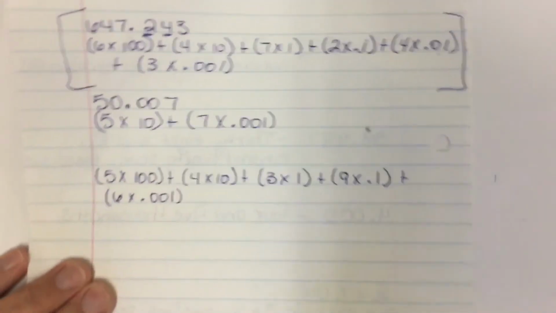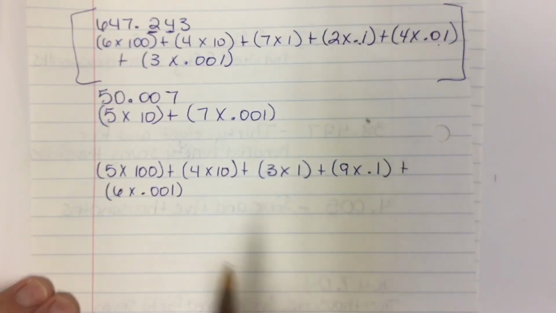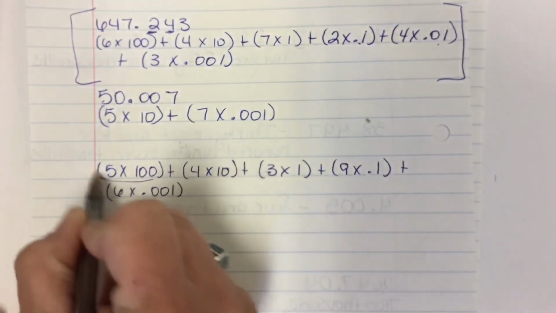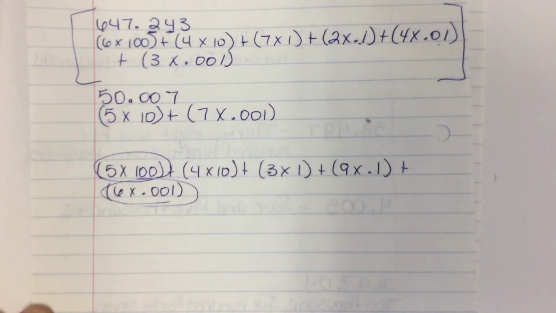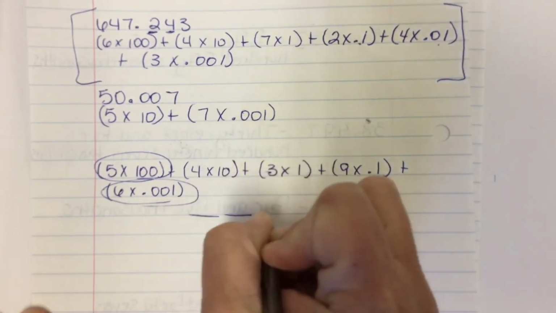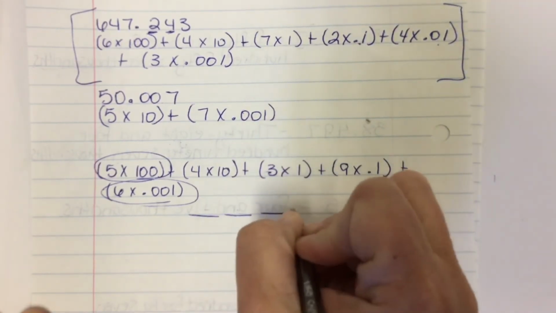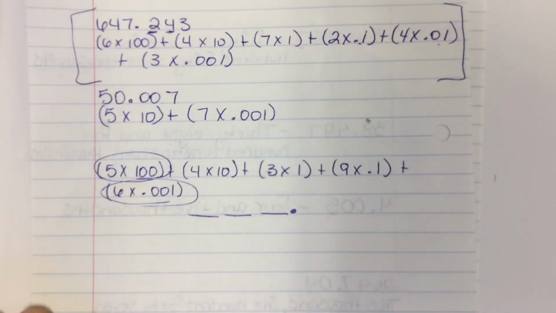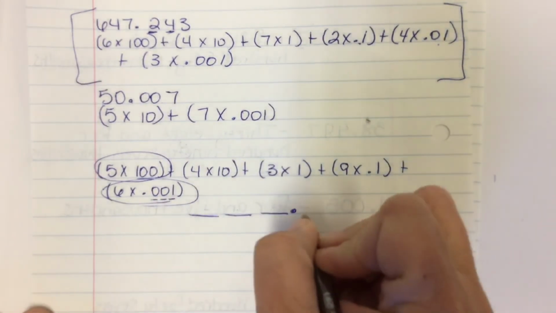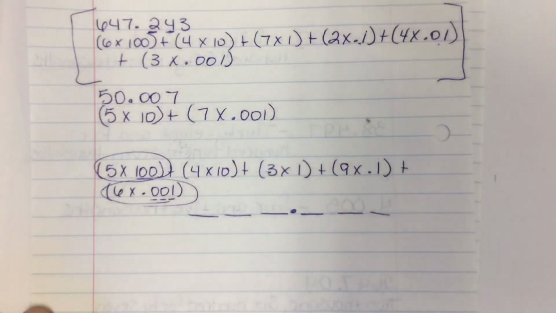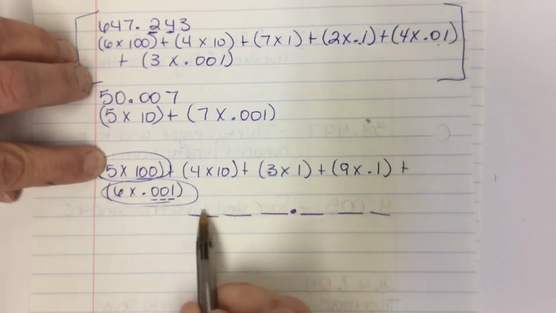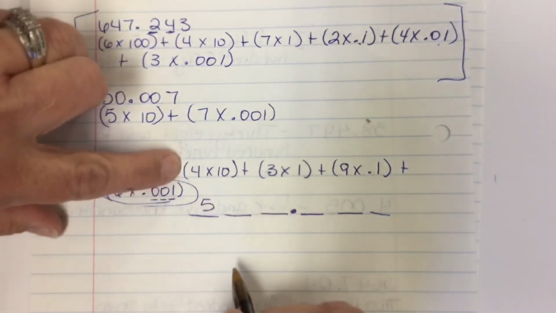All right, the next one is already in expanded form. It wants us to put it in standard form. Here's the best way to do this. Look at your biggest and your smallest numbers. Right here, I know I'm going to go to the hundreds place, so I'm going to make my marks. 1, 2, 3. Ones, tens, and hundreds. Place the decimal. And then I know I'm going to go 1, 2, 3 places to the right of the decimal. And then all I have to do is fill in the blanks. So 5 times 100. I'm going to go whole number side to the hundreds place and put a 5. 4 times 10.